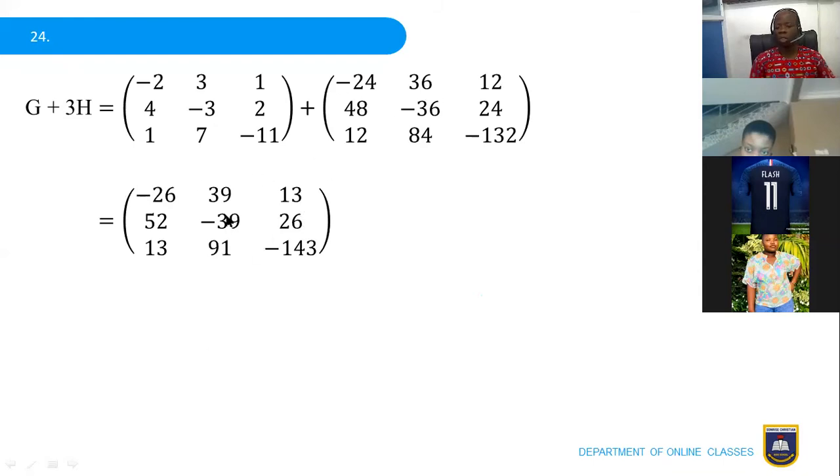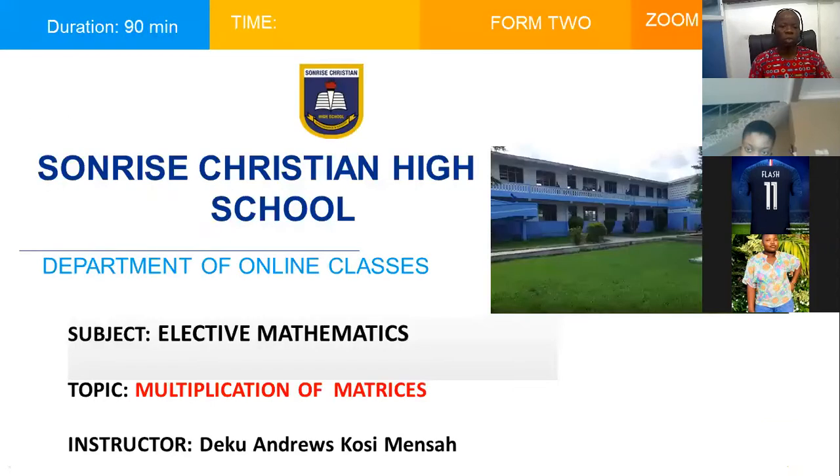If you go through the same process, you arrive at the matrix here as your final answer. And we scored this 10 marks. So if you had 10 marks, yes, you've done very well. And let's keep it up. Let's move to multiplication of matrices.